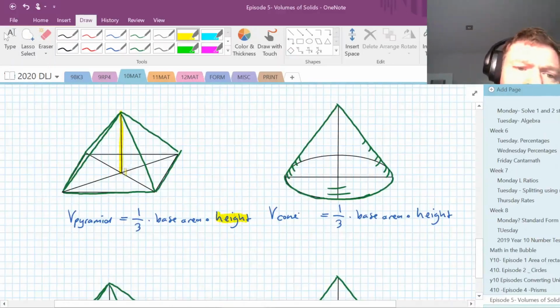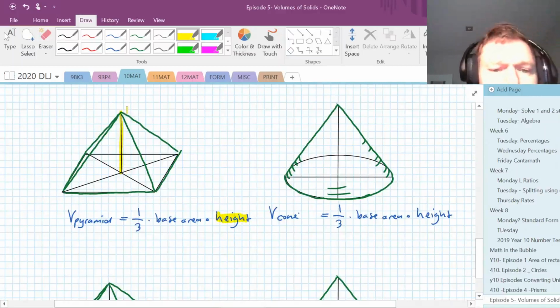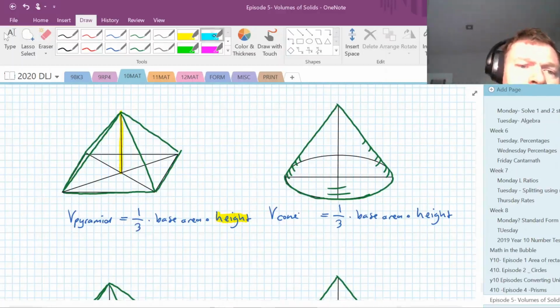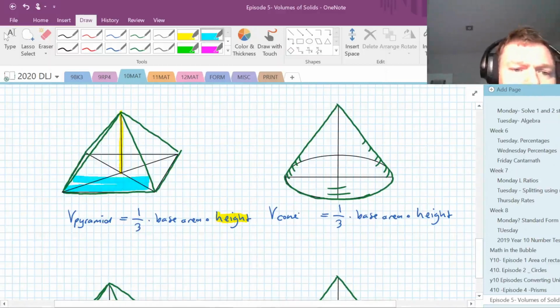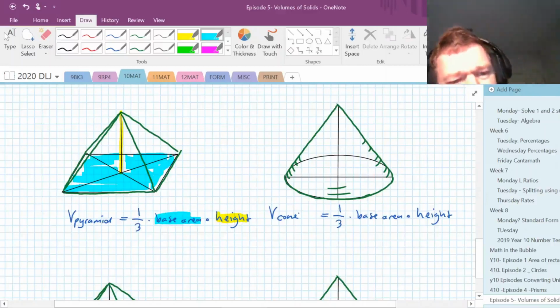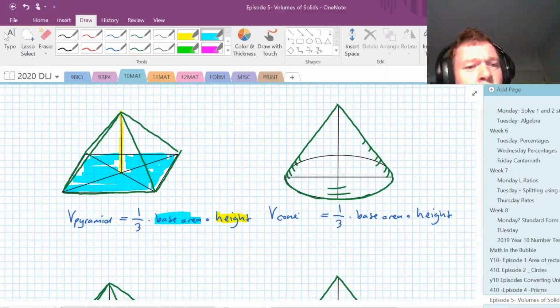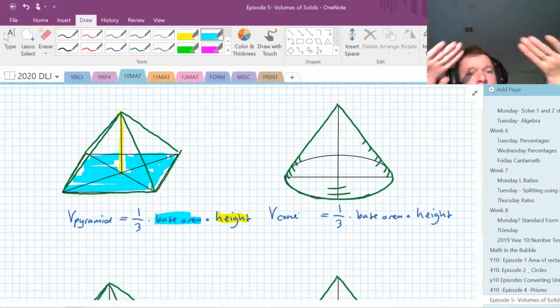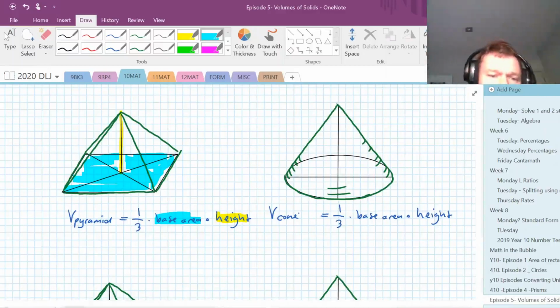So it's from the very center up to the top, and the base area is that part of the pyramid. And the 1/3 is just because all of the shape is tending to a point. It just so happens that it's 1/3 of that volume.